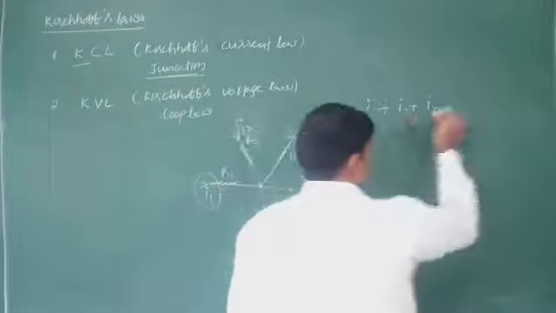The first one is the algebraic sum of the currents at a junction. That is the Kirchhoff current law. In the first law, the algebraic sum of the currents at a junction must become 0.